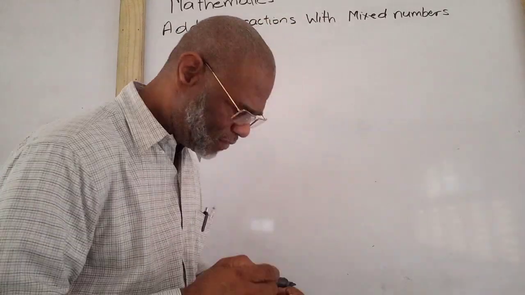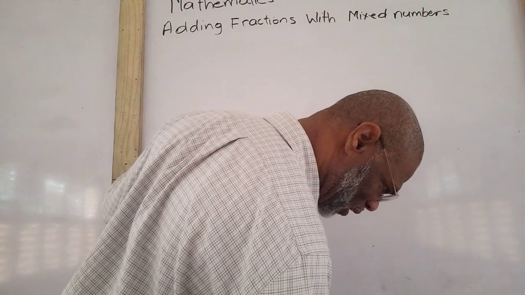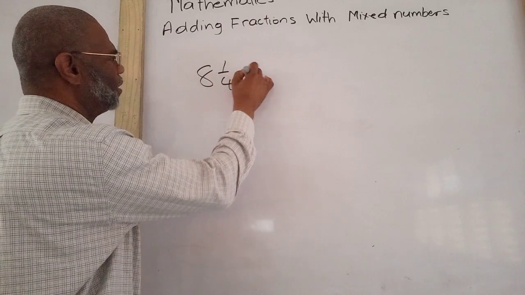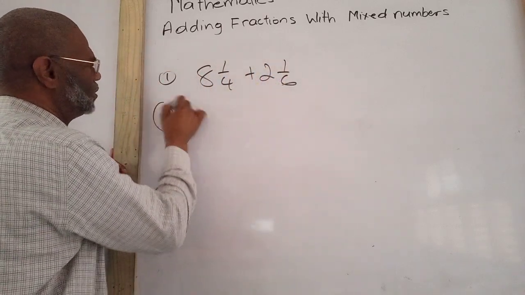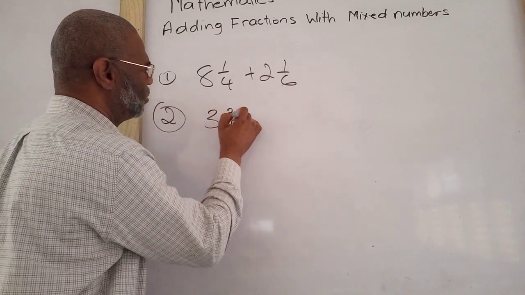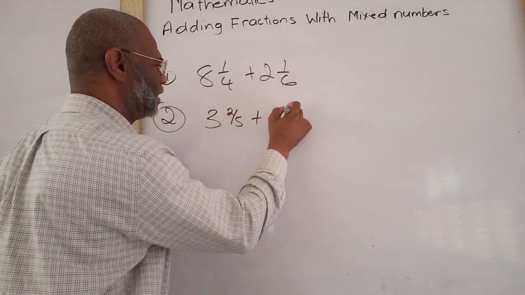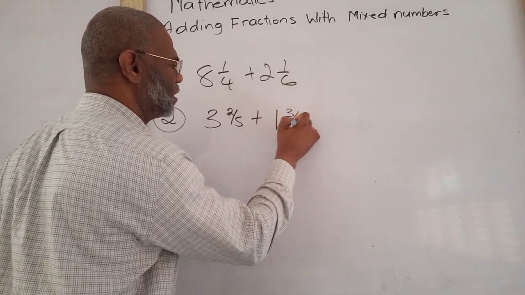Alright. So okay, let me write one up here. So 8 1/4 plus 2 1/6. Then 3 2/5 plus 1 3/8.